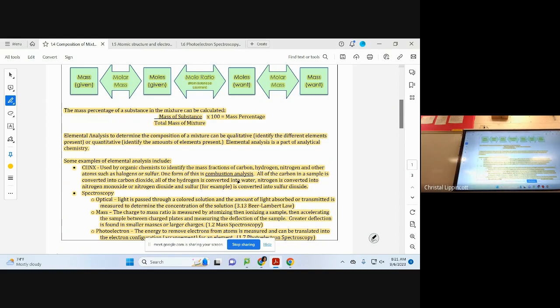If you remember your combustion reaction from back in regular chem, I should do this up here so people can see it. You had some sort of hydrocarbon, you had oxygen from the air, and from that you produced carbon dioxide and water.